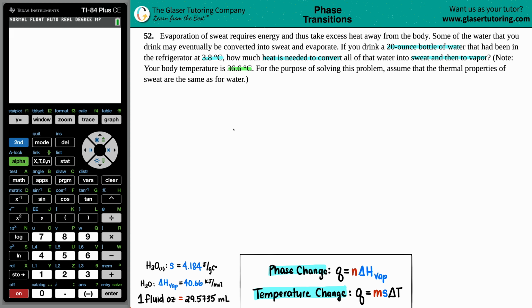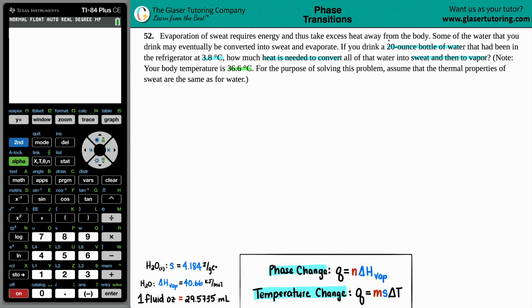Okay, so talking about drinking a pretty cold bottle of water, 20 ounces, and for simplicity of the math and the calculations, we want to know how much heat is needed to convert all of that water. So all of the mass that we're going to be drinking, this person must be very hydrated.